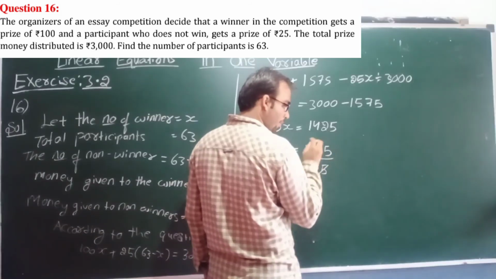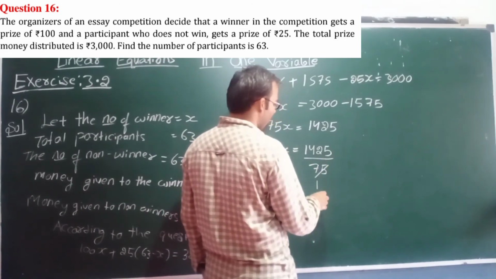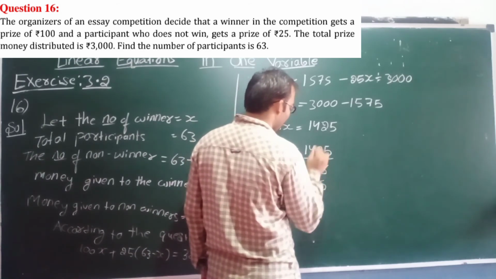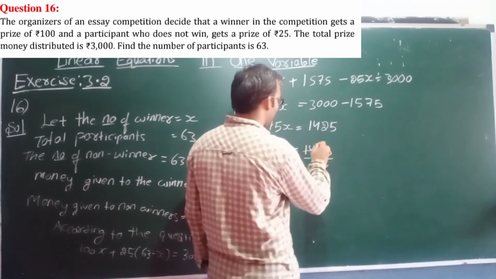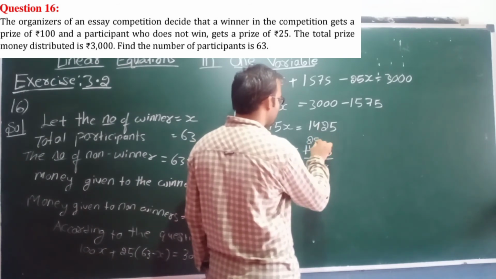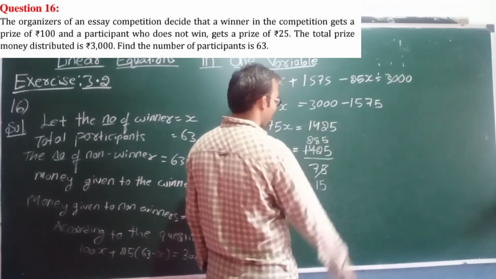So now I am cancelling with the 5. 5 ones are 5. Here 2 remains, 5 25. 5 5s are 25. 5 2s are 10. 4 remains here, 42. 5 8s are 40. 2 remains, 5 here 25. 5 5s are 25.